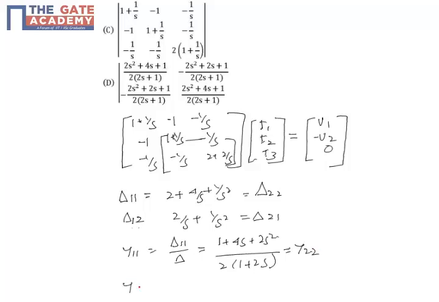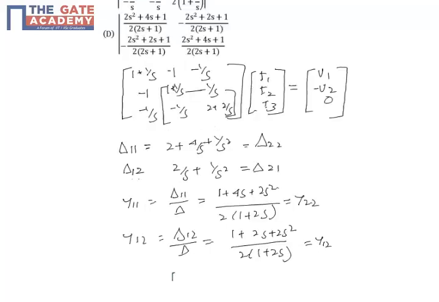Similarly y12 is equal to del 12 divided by del, is equal to 1 plus 2s plus 2s square divided by 2 into 1 plus 2s, and again this will be equal to y21. So the correct option is D.